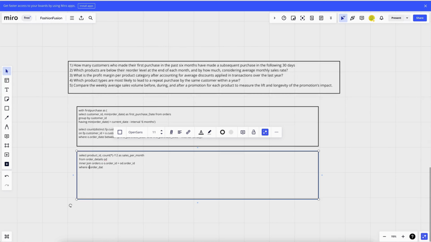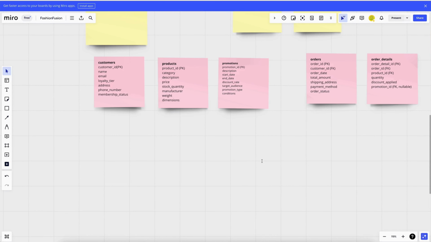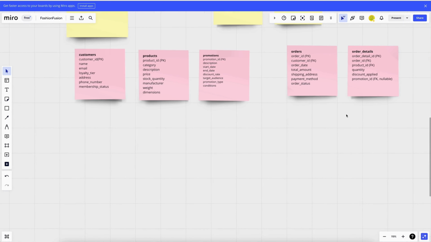Order date is in, so this will be between current date minus interval of 1 year and current date, and group by product ID, and then order date will be order.